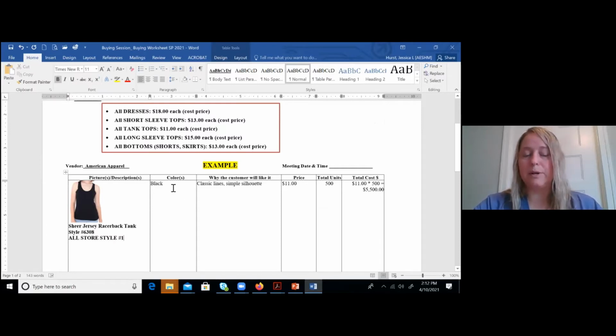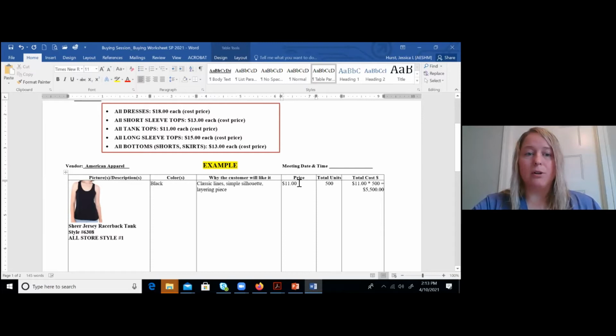And I just put in what color, and why, thinking about why the customer would like it. So I said, it has classic lines, it's a simple silhouette. So always think through why your customer would like these certain products, whether it's the style or the color, or it's a layering piece, for example, could be another reason why my customer would like it.